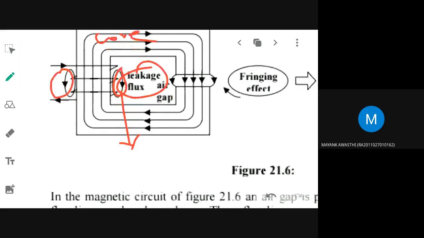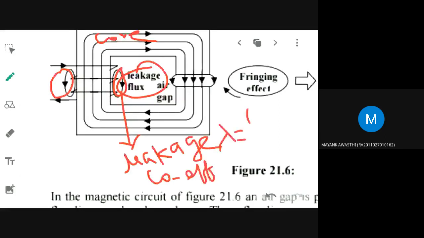or leakage factor. That is given by lambda, that is the ratio between total flux divided by the useful flux. Remember this formula. This formula might be asked in 2 more questions, so make a note of it. So what is the formula for leakage coefficient or leakage factor?